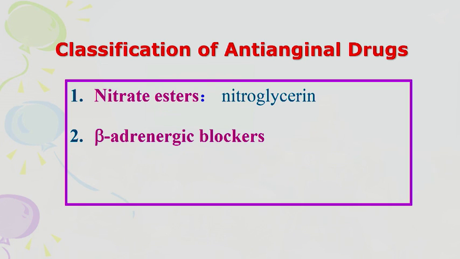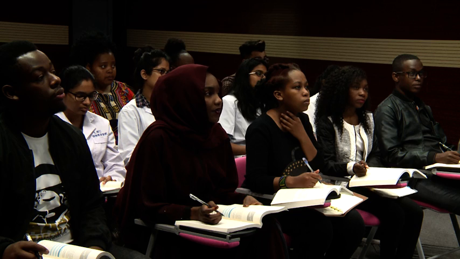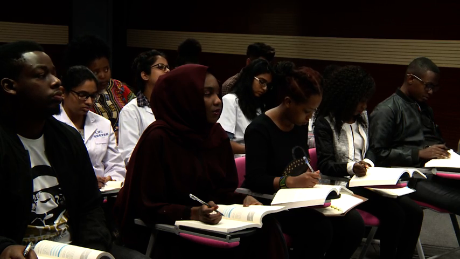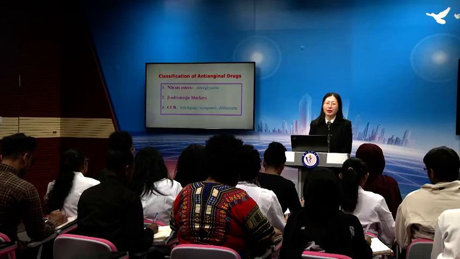Do you remember you have studied beta receptor blockers? In clinic, the most widely used beta receptor blockers are propranolol and metoprolol. And the third kind, we also studied: CCB, calcium channel blockers.